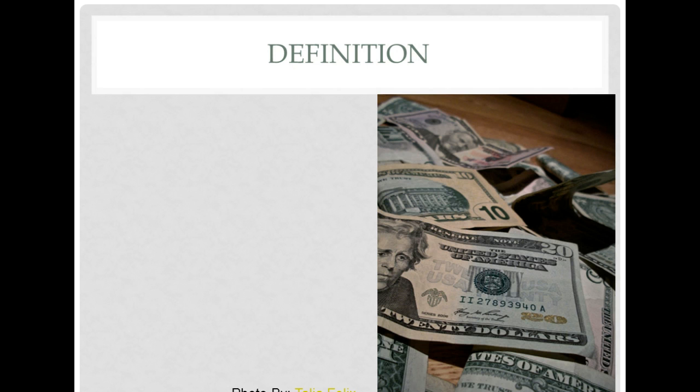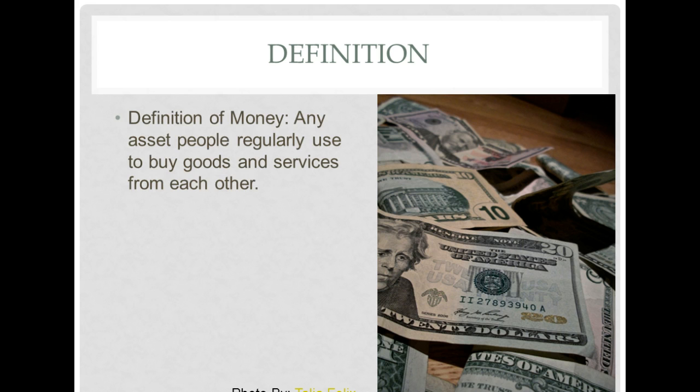We'll start first with a basic definition of money, and it is really any asset that people regularly use to buy goods and services from each other. Throughout history, there's actually been a lot of different things that have been used to serve the function of money. Today, of course, we mostly use coins and paper currency to do that job.